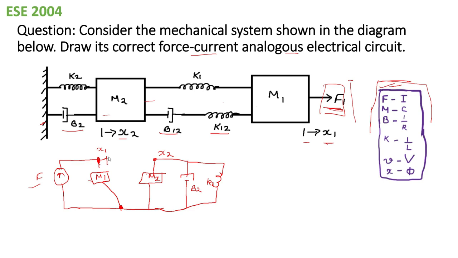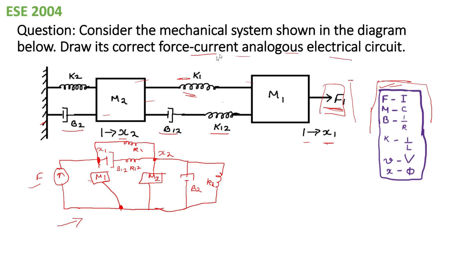Therefore we will add here, this is your B12 and this is your K12, and then again K1 is attached between M2 and M1. So this is your K1.